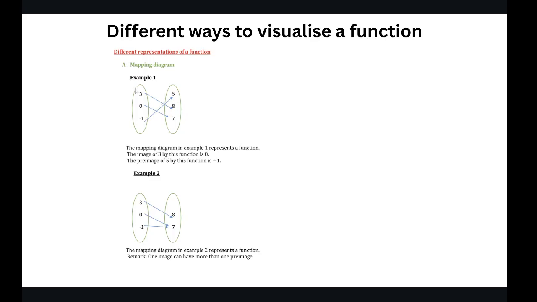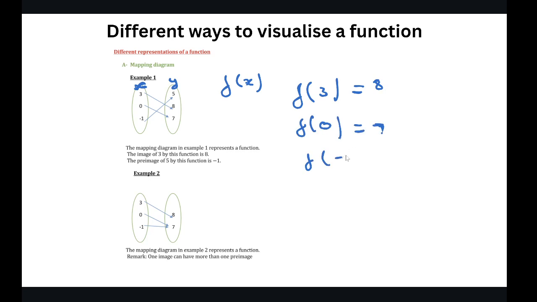Over here, you see that your input, let's say this is the function f of x, and you're plugging in your inputs, which is x, and it's giving you outputs, which is y. So f of 3 has given me 8. f of 0 has given me 7, and f of -1 has given me 5.